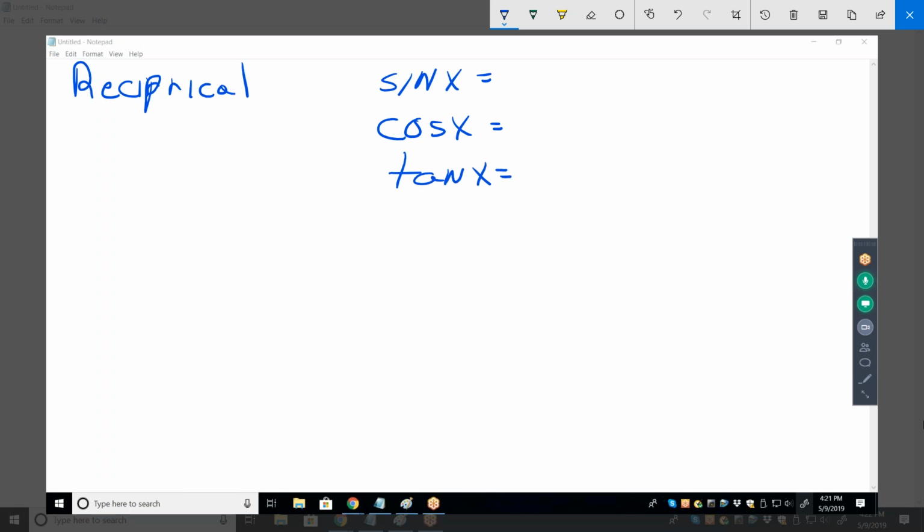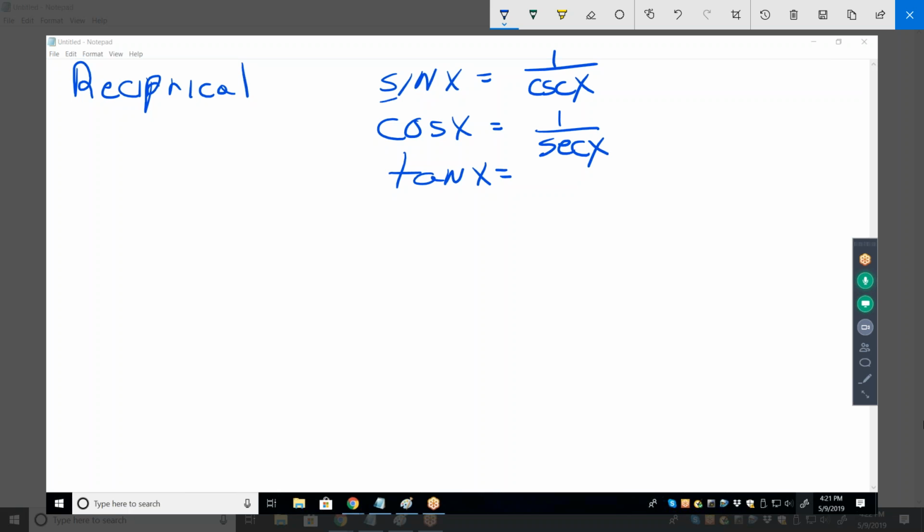On the back side of it, you put the answers. What's sine x equal? 1 over the cosecant. What's cosine equal to? 1 over the secant of x.